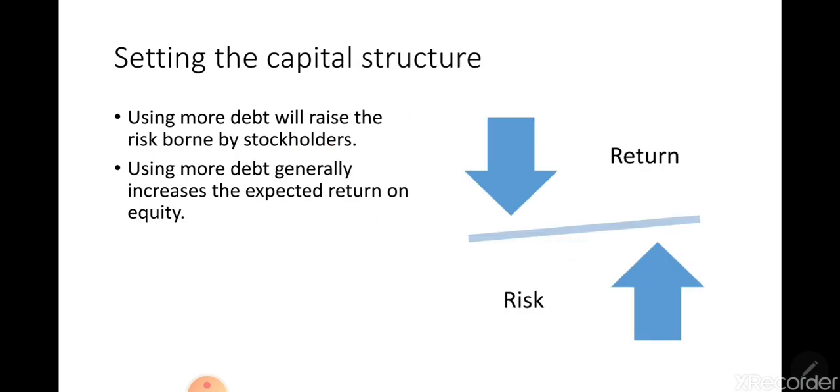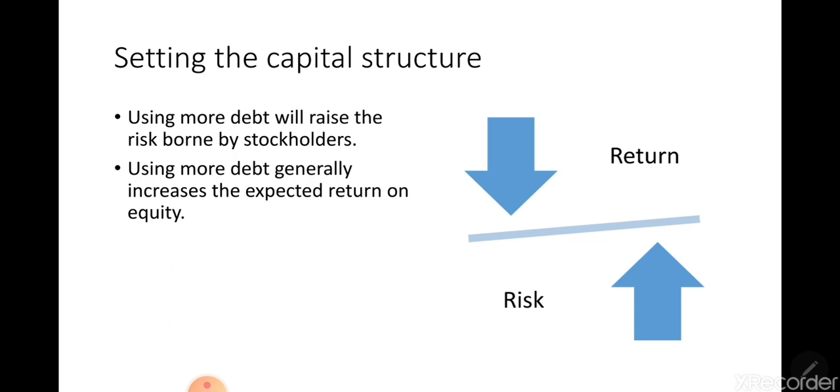Now, setting the capital structure is not that easy because the business needs to balance the risk and the return of taking on loan. Using more debt will raise the risk borne by stockholders, and using more debt generally increases the expected return on equity.